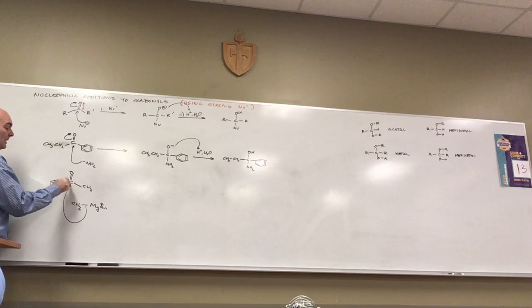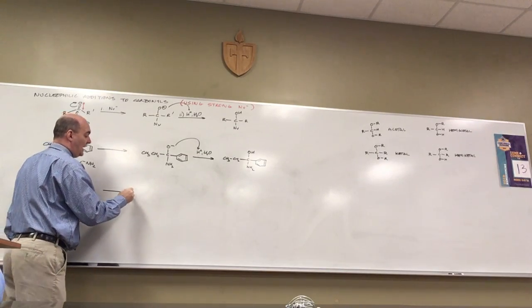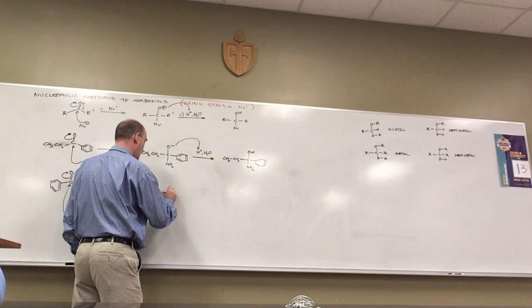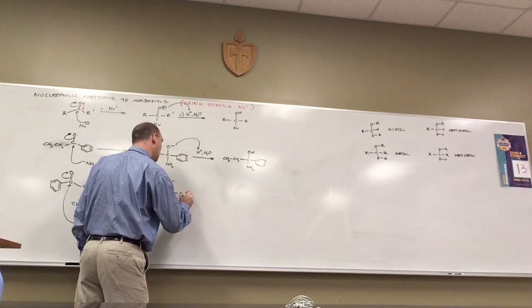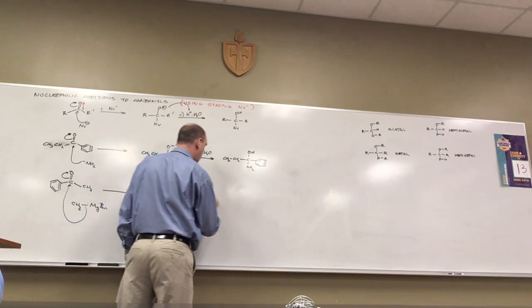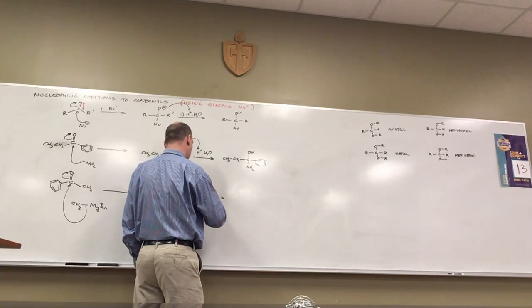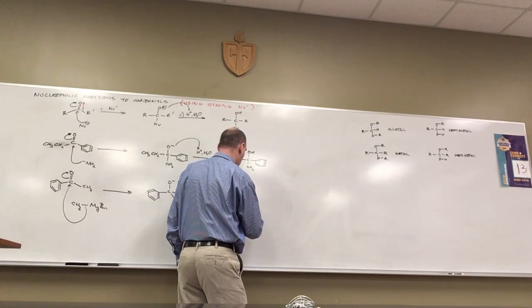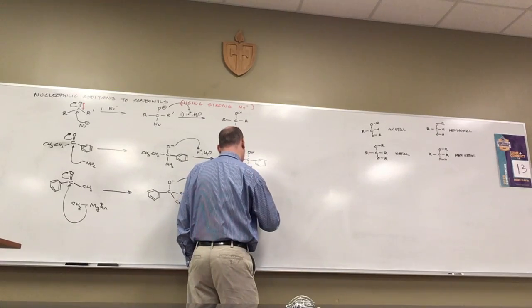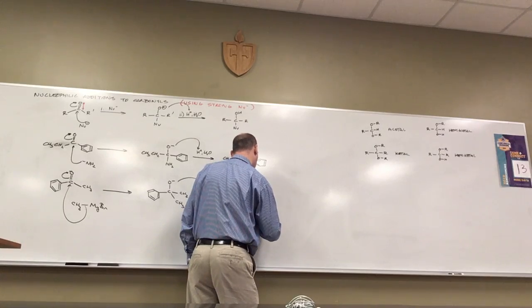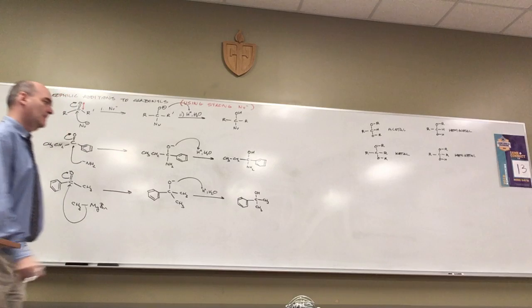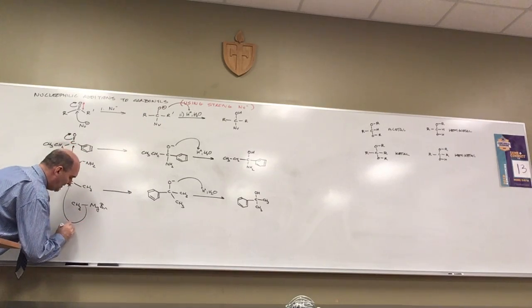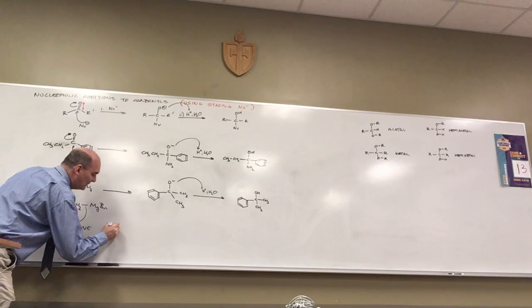Now I can add an additional carbon. Alkylation by Grignard or other alkylating agents makes you an alcohol. And ketone plus Grignard.